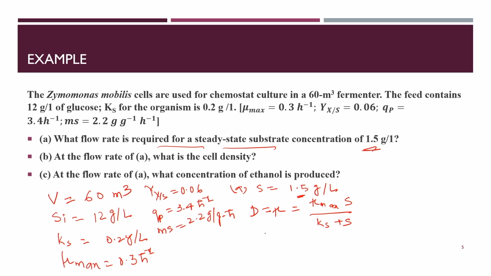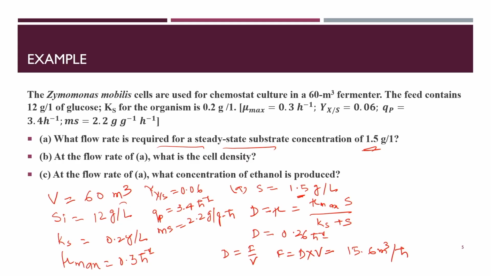So, we will get the value of D as 0.26 hour inverse. If you remember, dilution factor is F upon V. So, F equals D into V. V is 60 meter cube, D is 0.26. So, we will get this flow rate as 15.6 meter cube per hour.